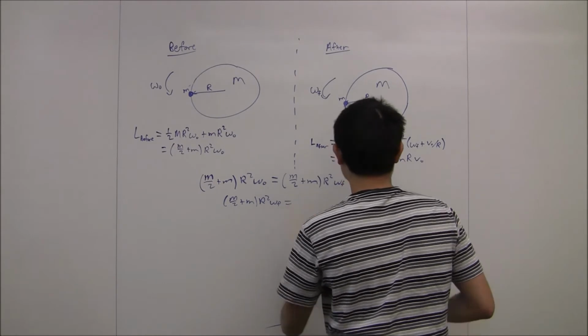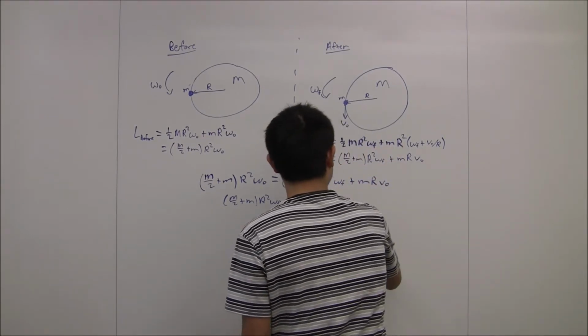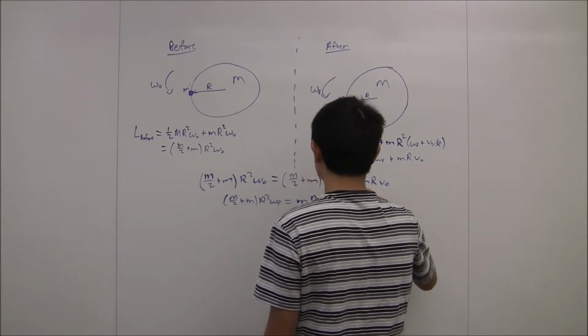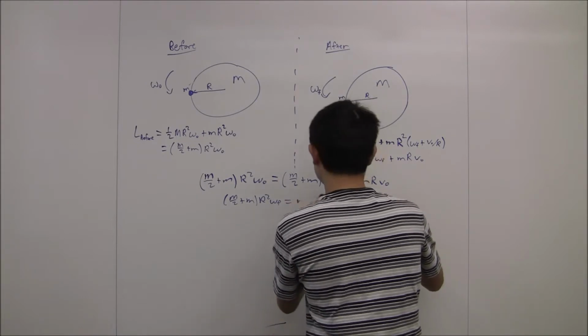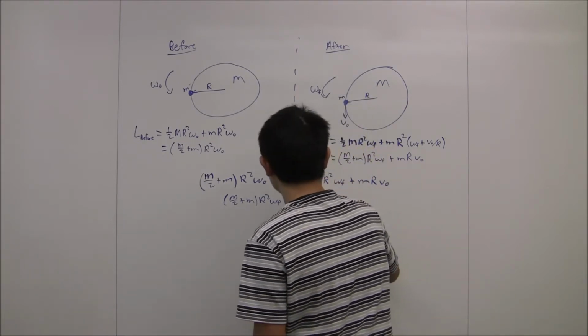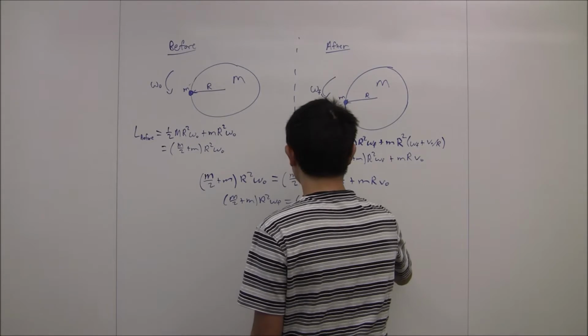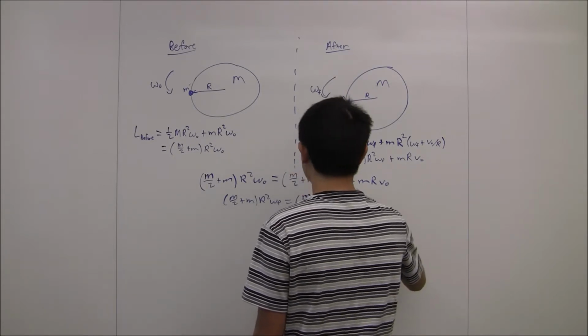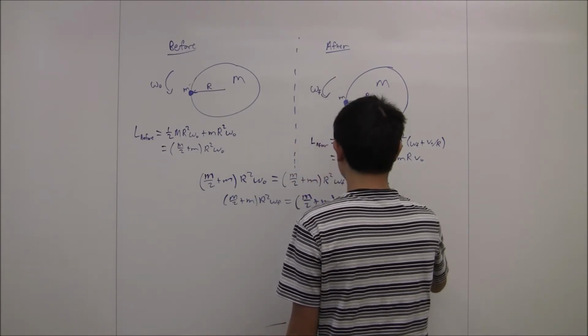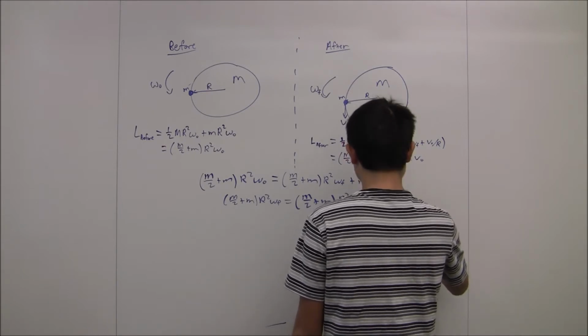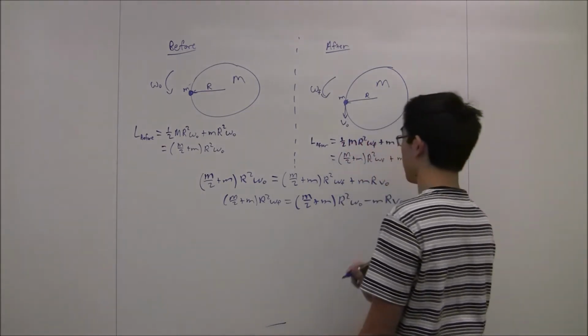times omega naught minus m times big R times v naught.